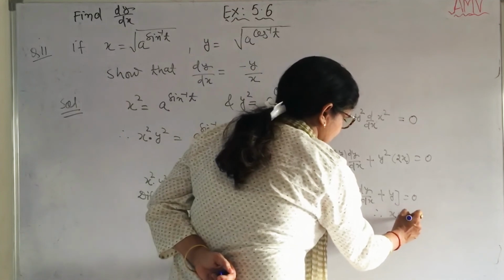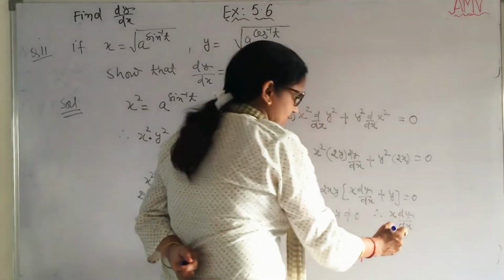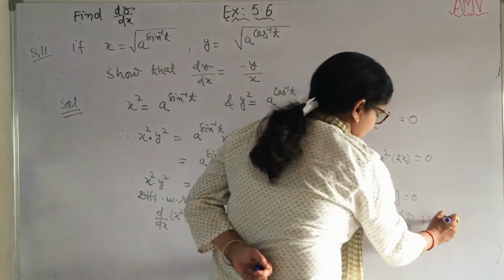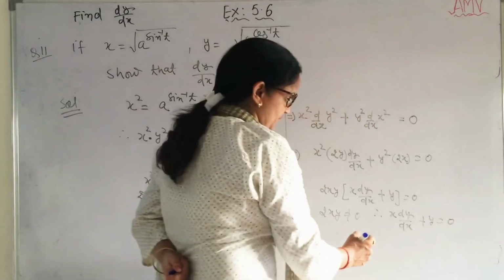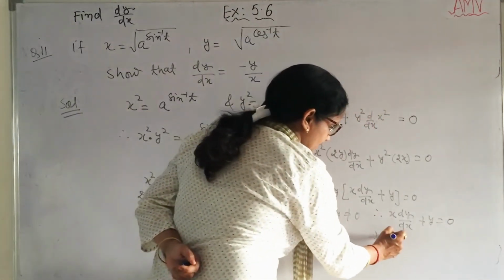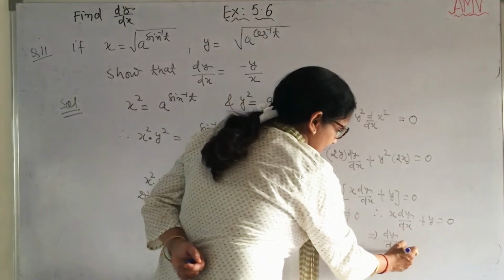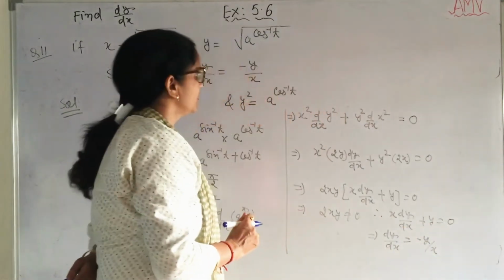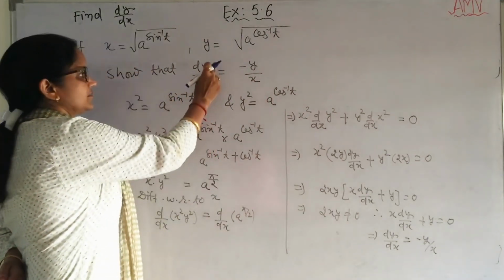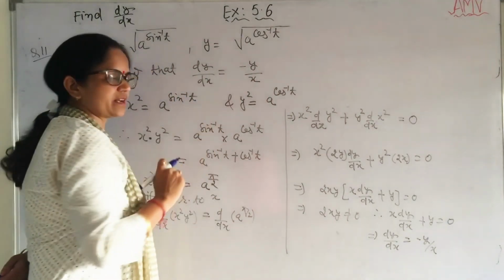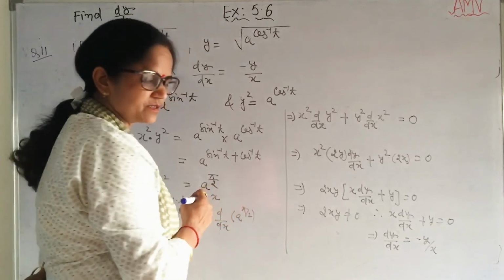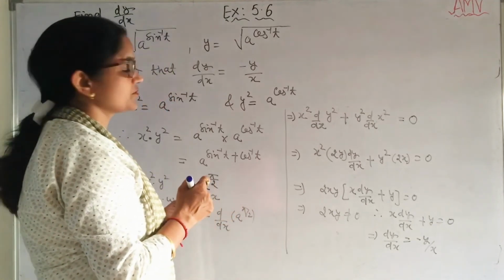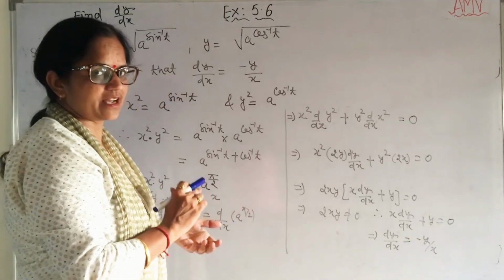Therefore, x dy by dx plus y is equal to 0. And now find dy by dx. It is minus y upon x. Okay, and it is dy by dx is equal to minus y upon x. Hence proved. Okay, now students, this exercise ends here.